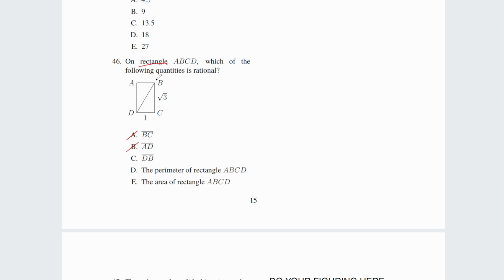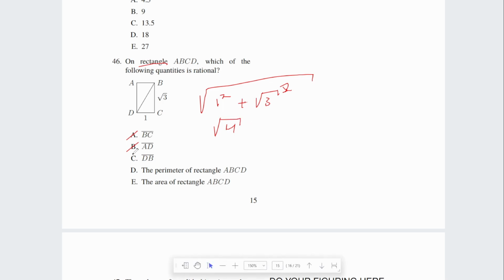This length across the rectangle is going to be 1 squared plus the square root of 3 squared, and it's going to be the square root of all of that. So it's going to be the square root of 4. So DB is going to be rational.